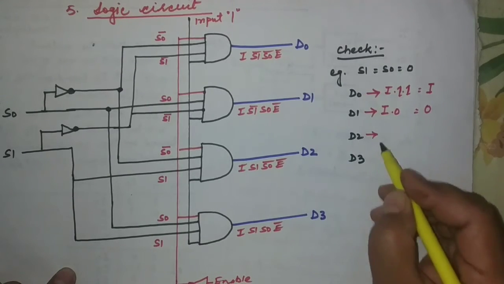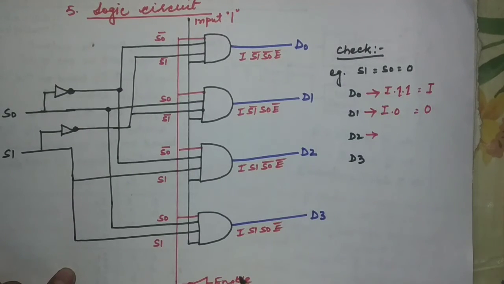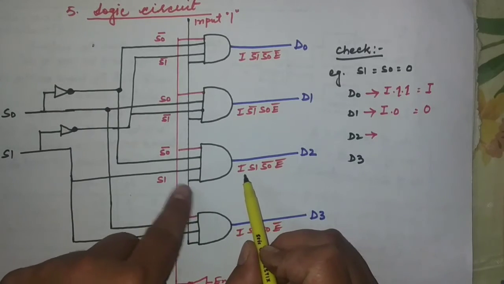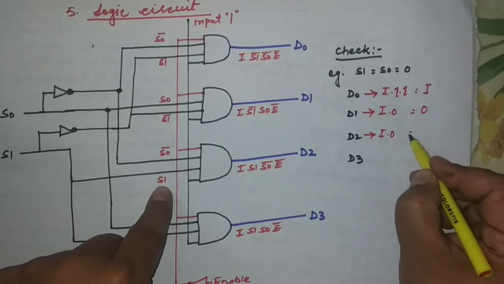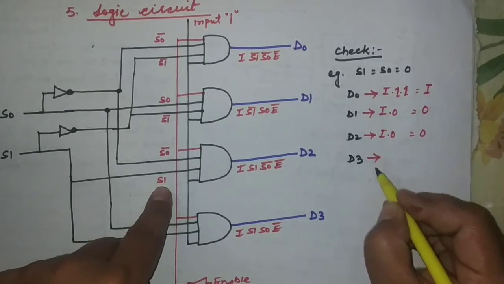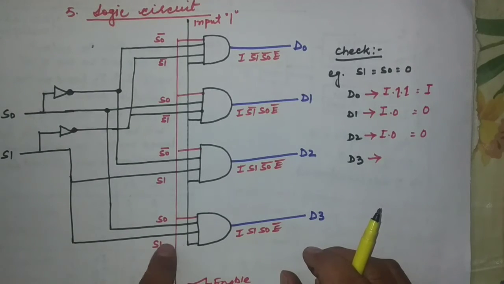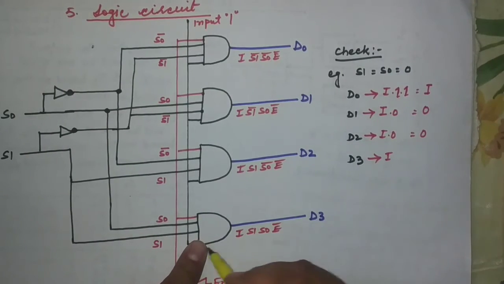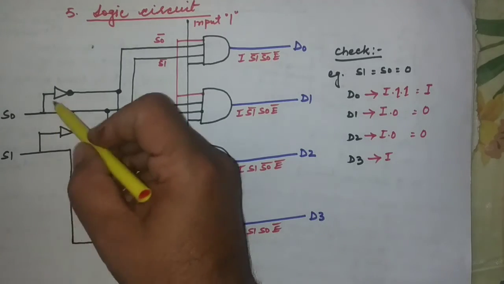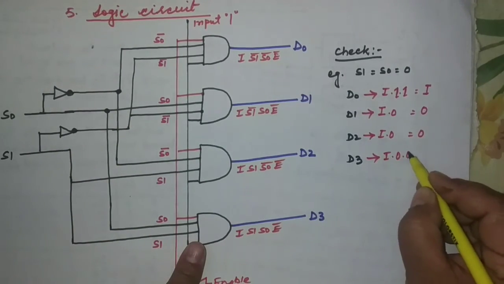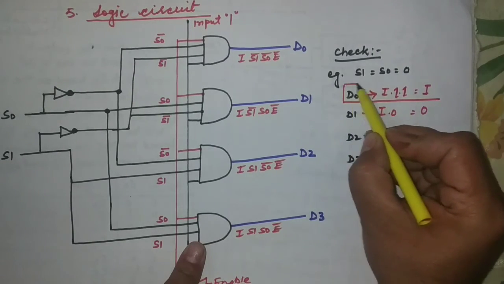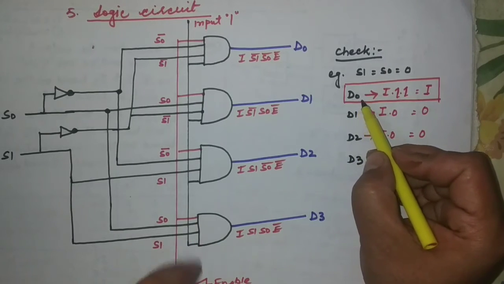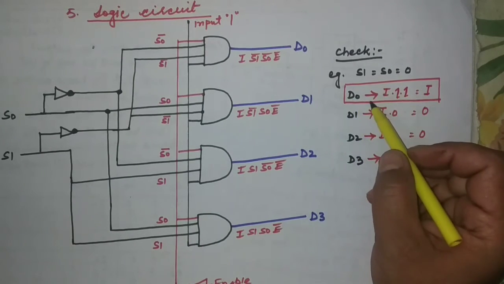For D2, S1 is direct and S1 is equal to 0, so this is also equal to 0. For D3, both the selection line inputs are 0, so this is also 0. So the input will be routed through the D0 output, and this check validates our truth table.